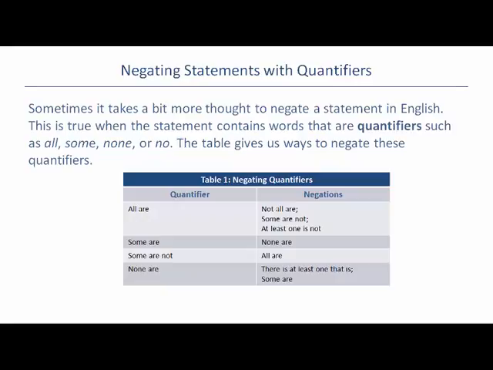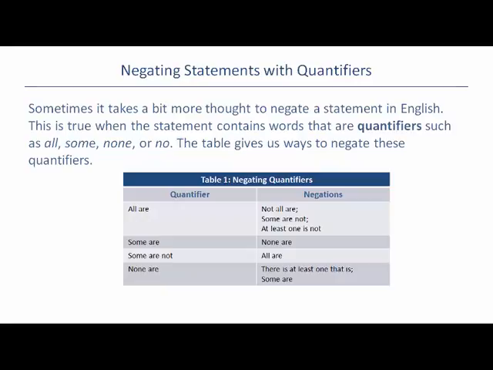So we have this table to help you figure out the pattern, right? You don't want to just memorize this table. You want to figure out the pattern. When you have the quantifier "all are," then you're saying the entire group of things has a certain quality. So this entire group is something. To negate that, all you have to do is say that that's no longer the case.